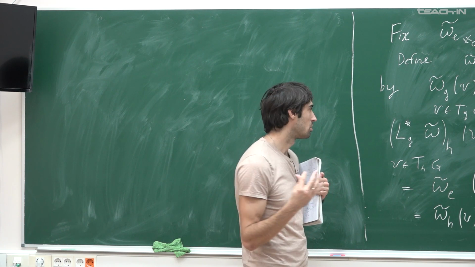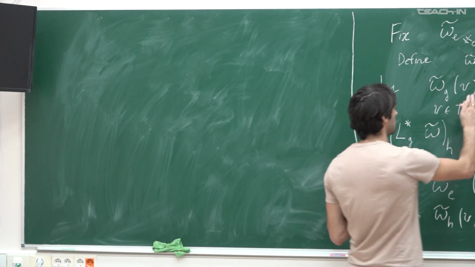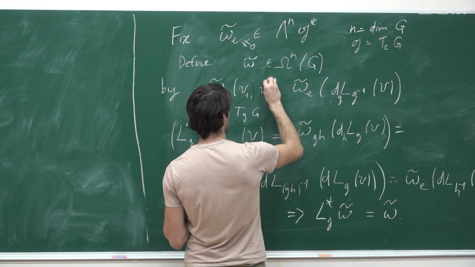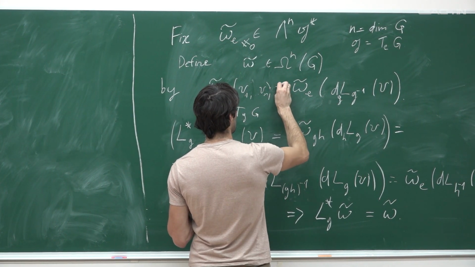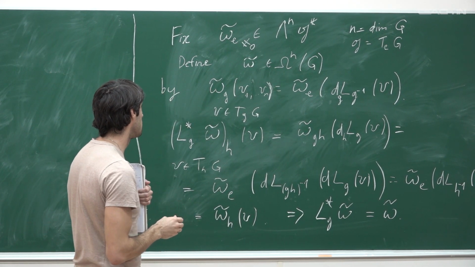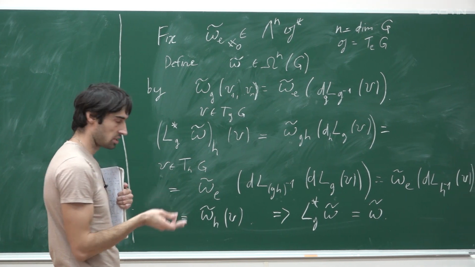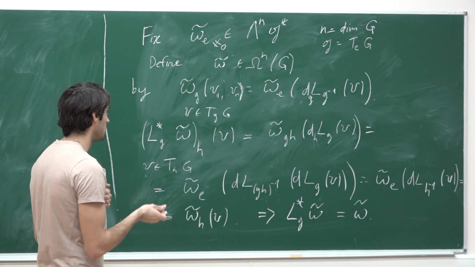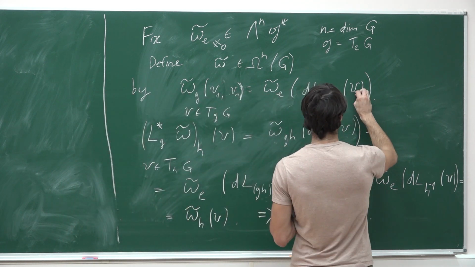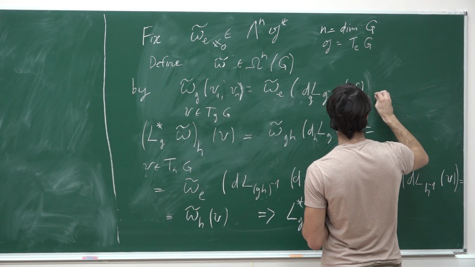But I can do it, so I can replace this with, yes, nothing changes. Maybe even if you take one form, by linearity. But I really want to fix some n form, right? And then this is just v1, and this is all the same.